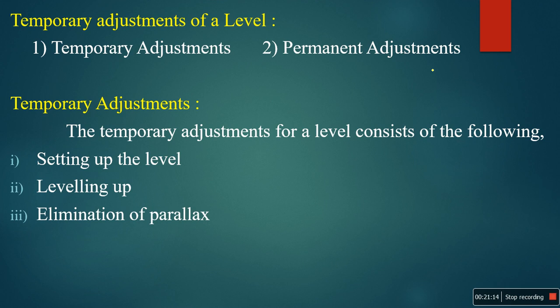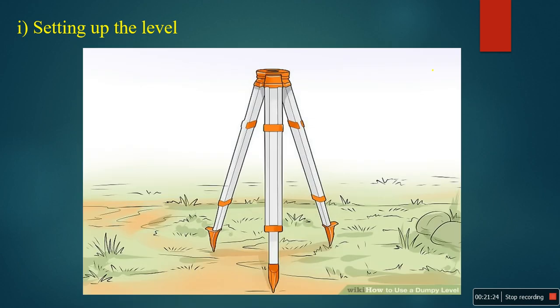Setting up the level is the first step of the temporary adjustments. This is the image of our tripod stand. You have to keep your tripod stand like this.